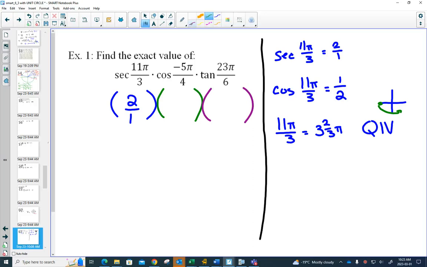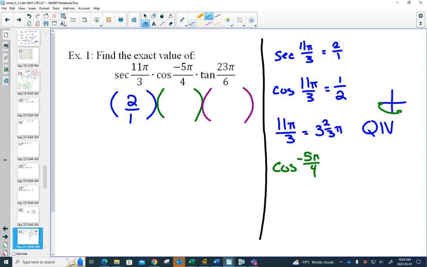Now I'm going to go to green for cos of negative 5 pi over 4. I know it's part of my pi over 4 family. What quadrant is negative 5 pi over 4? Again, I would say I see 5 pi over 4 on my pi plate is in quadrant 3, in the positive direction. So if I wanted to go negative 5 pi over 4, I'd have to go 3 quadrants in the negative direction.